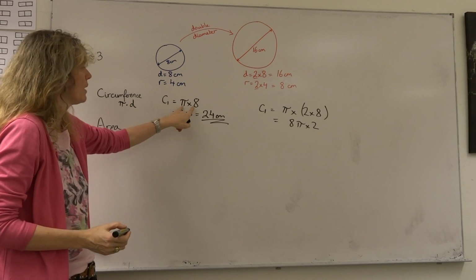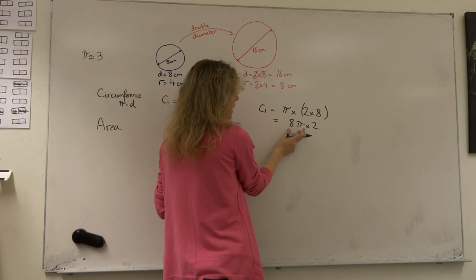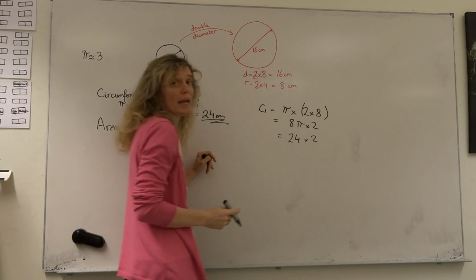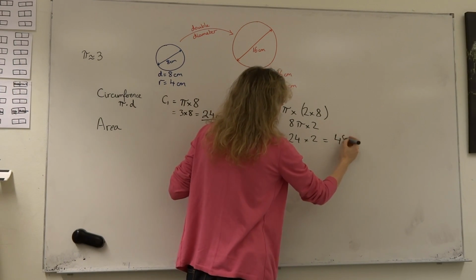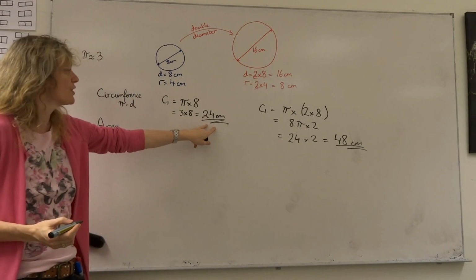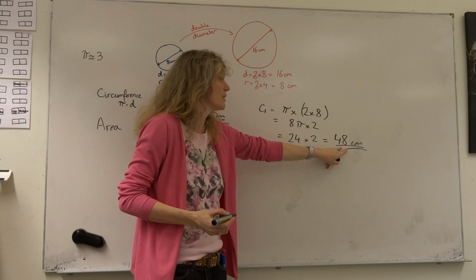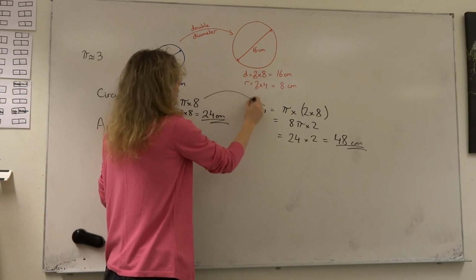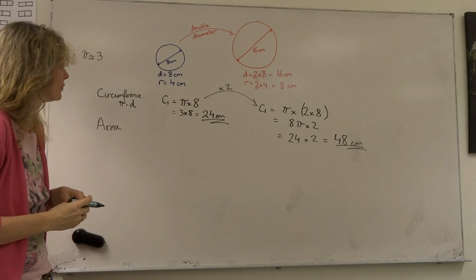We know that 8 pi is 24 centimeters, so we'd have double that, giving the circumference of the second circle as 48 centimeters. So the circumference of the first circle is 24, the second circle is 48, double. So when we double the length dimension, we would be doubling the circumference as well.